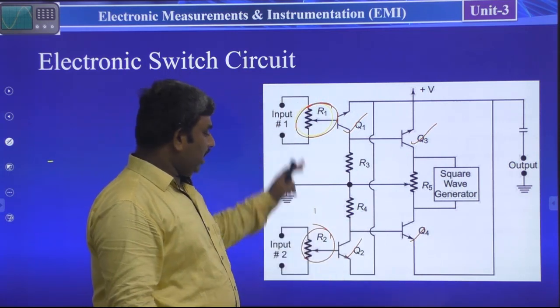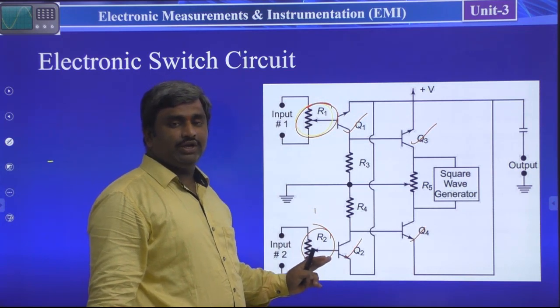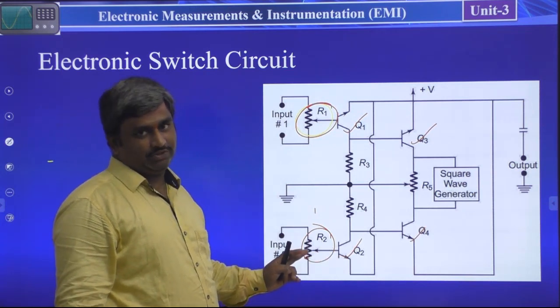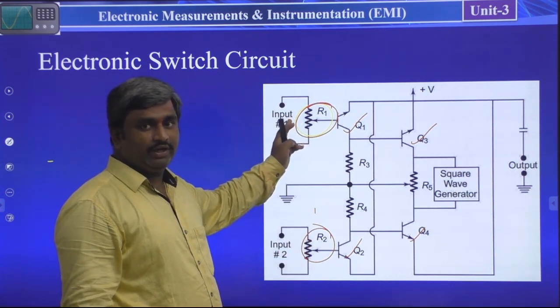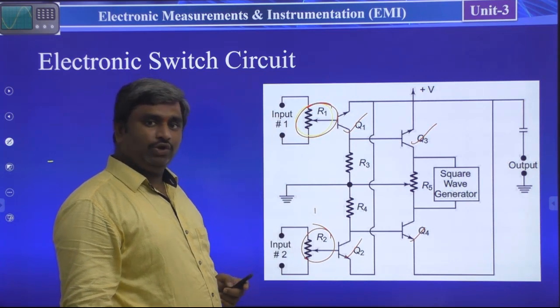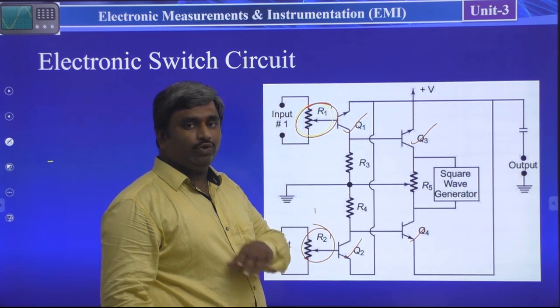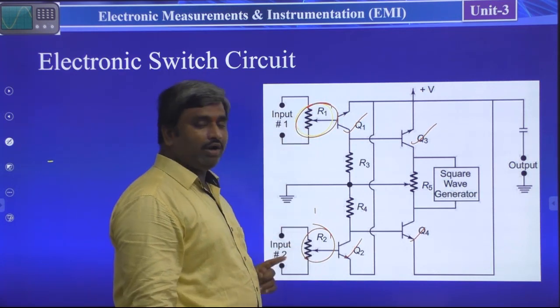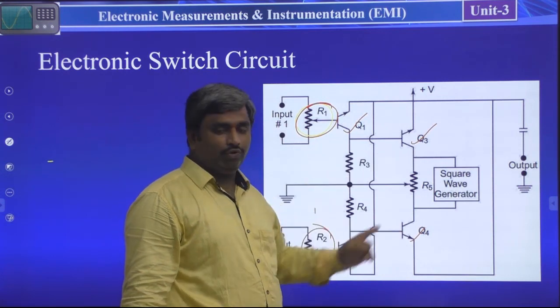R1 and R2, two resistors, are generally used for gain adjustment. By varying this variable resistor, you can take as much gain as you require. So based on your requirement, you can select the gain by using the R1 and R2 resistors. And Q1, Q2, Q3, Q4 are these.